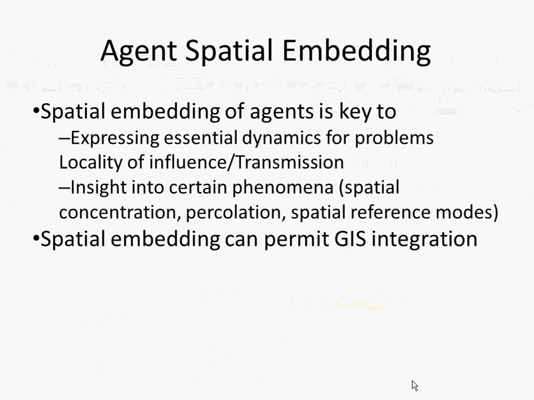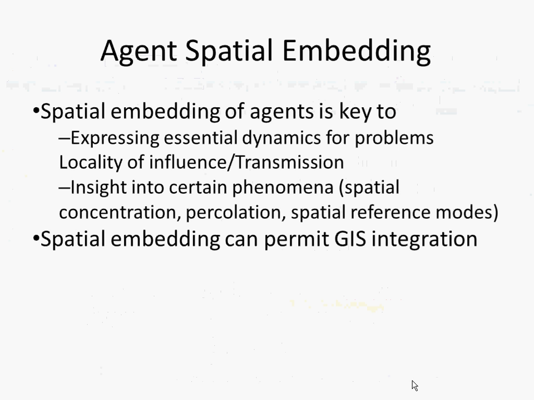at how mobility can be accomplished within these spaces. So spatial embedding is very interesting. It cuts across a variety of areas of interest. Sometimes it can be used to express potential dynamics for certain types of problems.